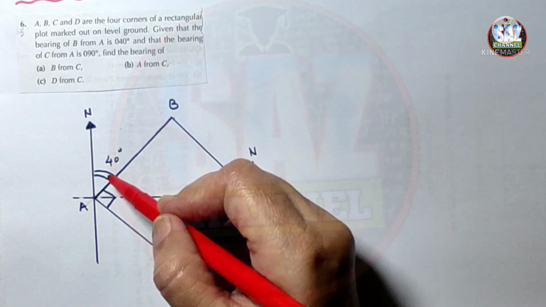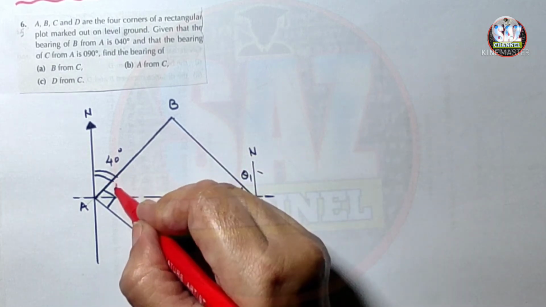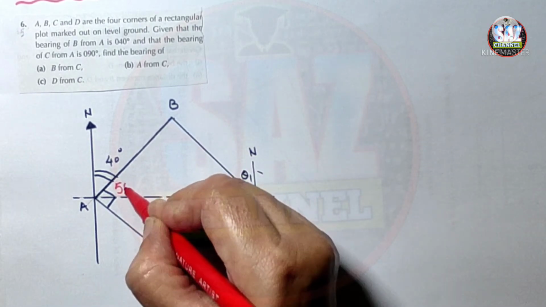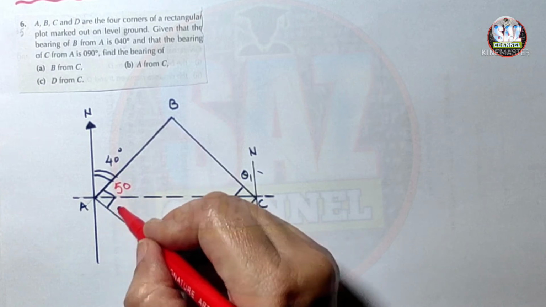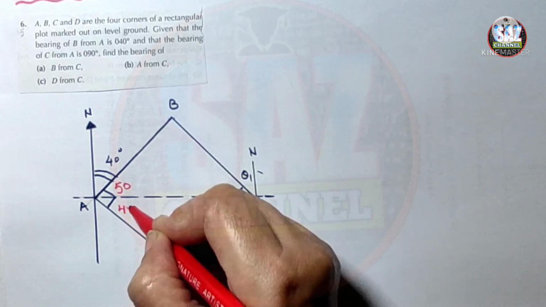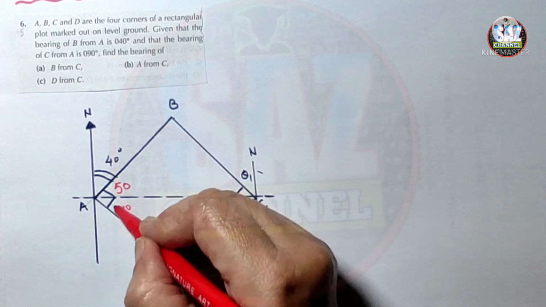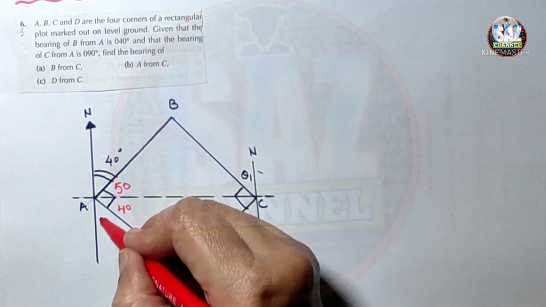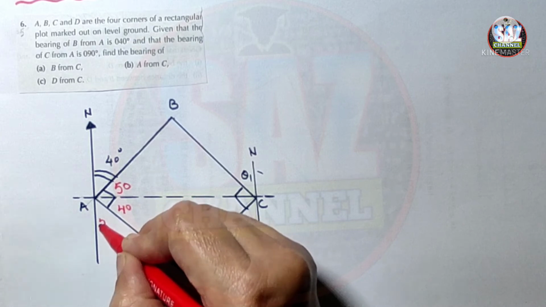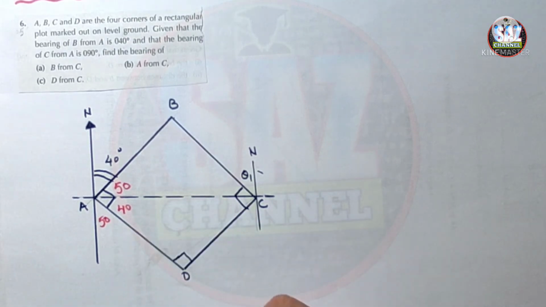Out of that, 40 has been used over here, so it will be 50. Again this is a total of 90 degrees, so 40 degrees over here, and again we have the complete quadrant, so it will be 50 degrees. These are the different angles at this position.